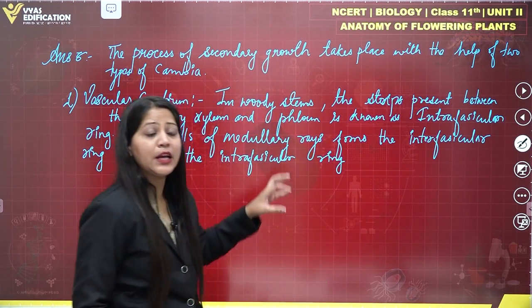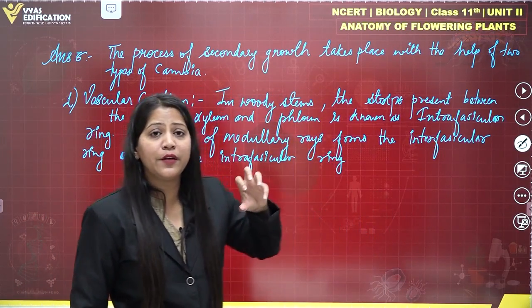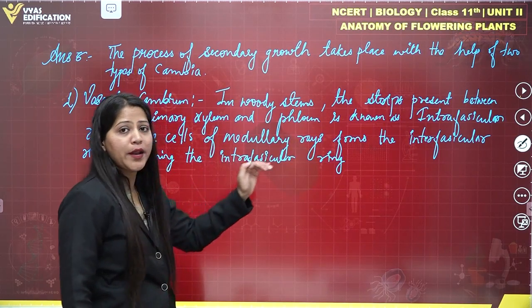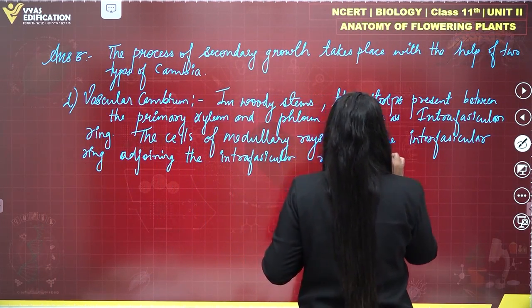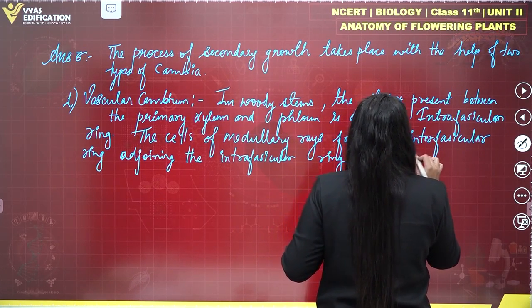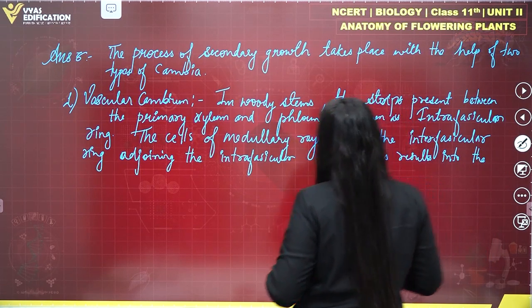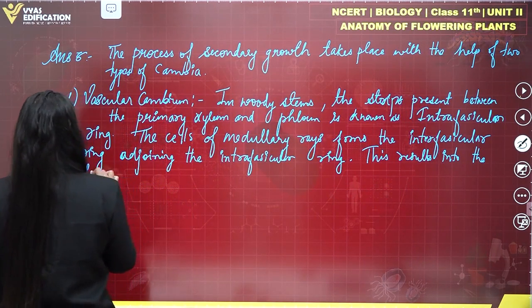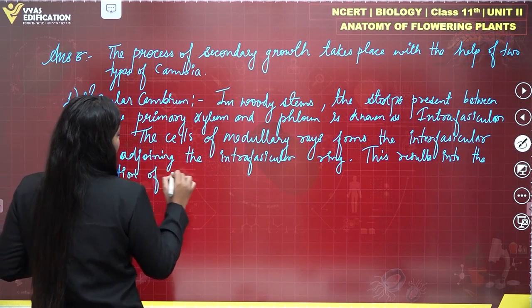The interfascicular rings formed from the medullary cells adjoin the intrafascicular ring. This results in the formation of a cambial ring.